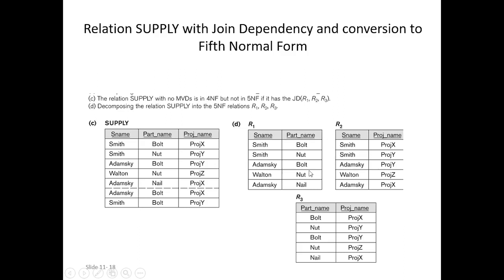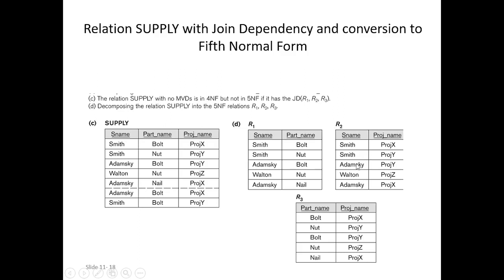And when we apply a natural join to any two of these relations, what will happen? We'll get spurious tuples. But when we perform a natural join on all three relations together, we'll get the original supply relation back.